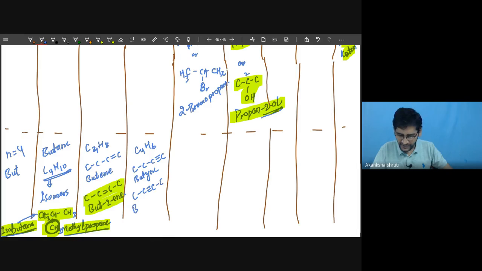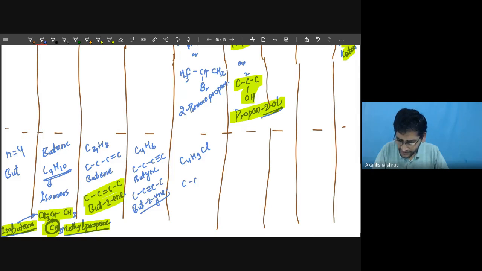It will be but-2-yne. Okay, it is this. So this way, applying all the rules, we can write all these things. If we have C4H9Cl, then we have a large number of isomers, and we have to take care.